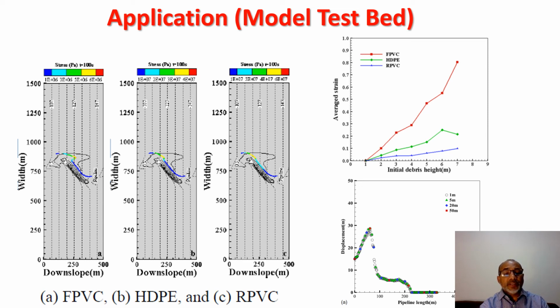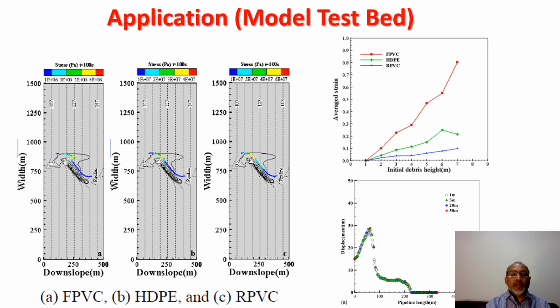Pretty busy slide. On your left panel, it shows the pipeline movements and the position of the pipe under different pipe materials, and on your right side, it shows the displacements. As you see, PVC pipe has more displacement compared to the reinforced pipe. On your bottom panels, I'm showing the displacements as a function of the pipeline length or positions.